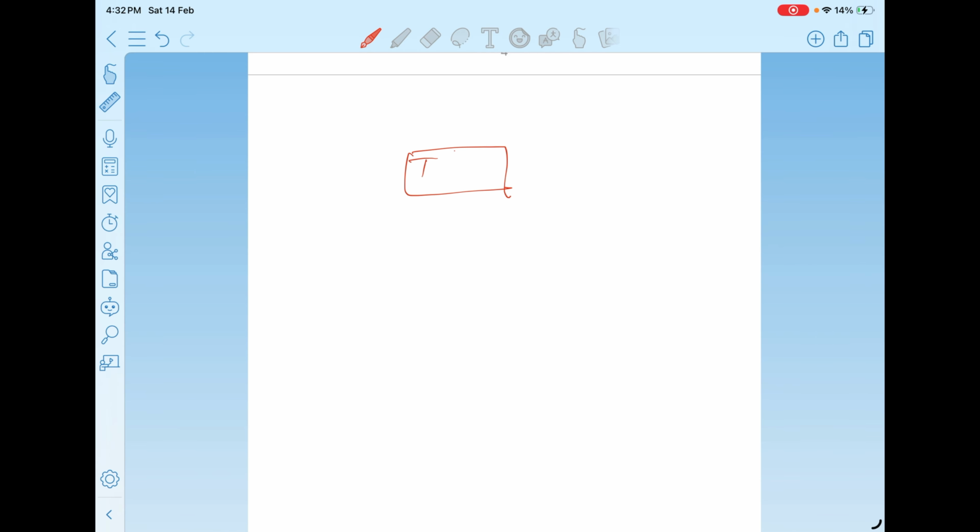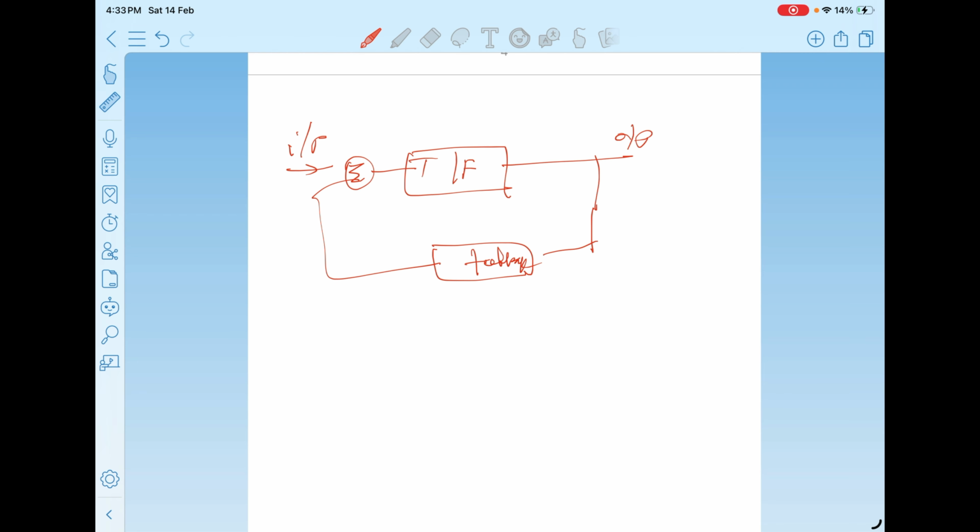That is a transfer function, and a part of its output is fed back to the input. It's called closed loop transfer function.